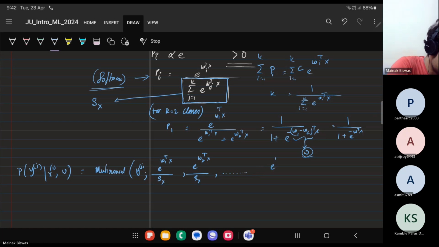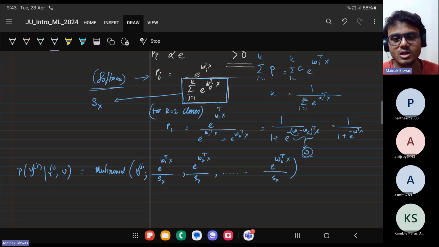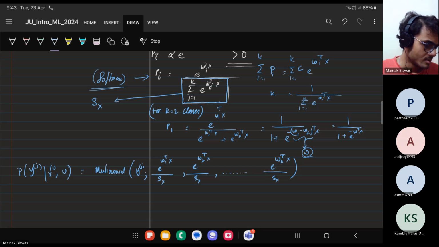For 2 classes this is how you write it, and it becomes Bernoulli. It's 1 and 1 minus p. One gives enough information about the other. But for more than 2, this is the multinomial case.